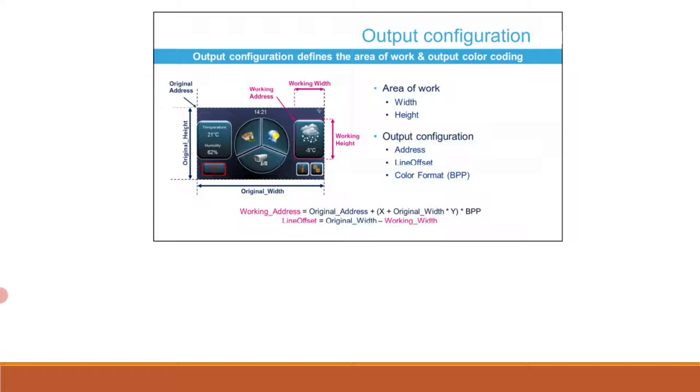See this example, we have working width, working height, original width, original height and original address. So the area of work is width, height. Output configuration is address, line offset, color format, BPP. So working address equals original address plus X plus original width star Y star BPP. Line offset equals original width minus working width. This is how we configure the output.